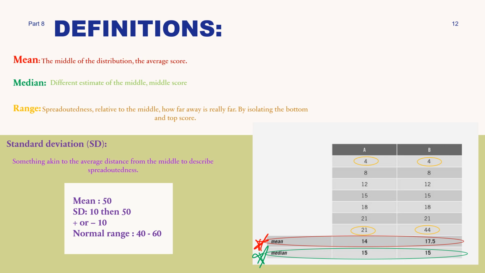For example, in this study, you'll see it in orange, 4 and 21 for dataset A, and 4 and 44 in dataset B. Standard deviation is the average distance from the middle to describe the spread. For example, if the book used the mean as 50 and the standard deviation 10, then 50 plus or minus 10 makes a normal range between the numbers of 40 and 60.